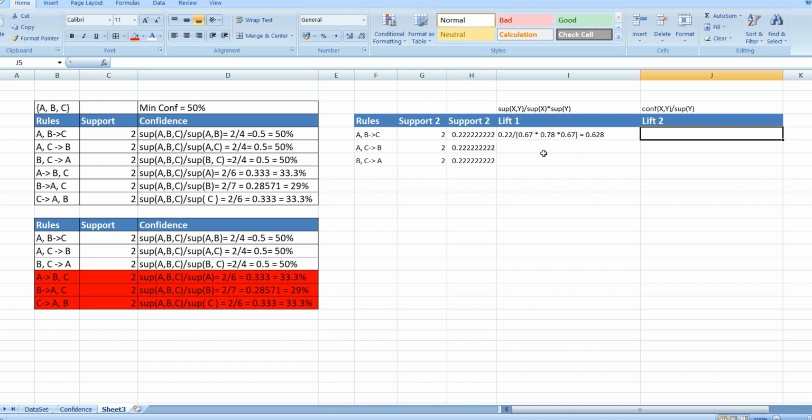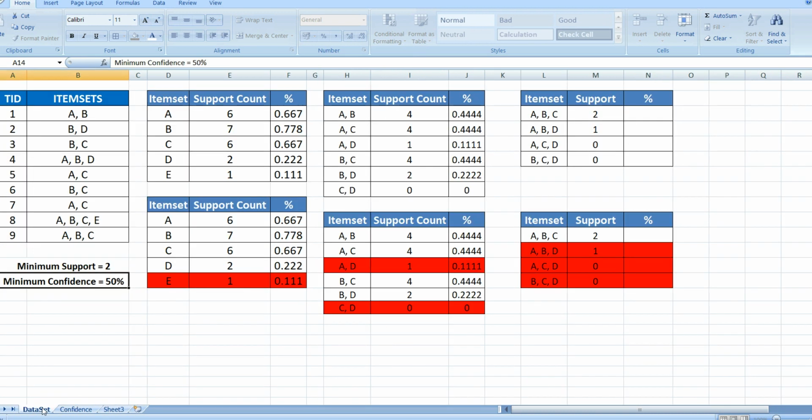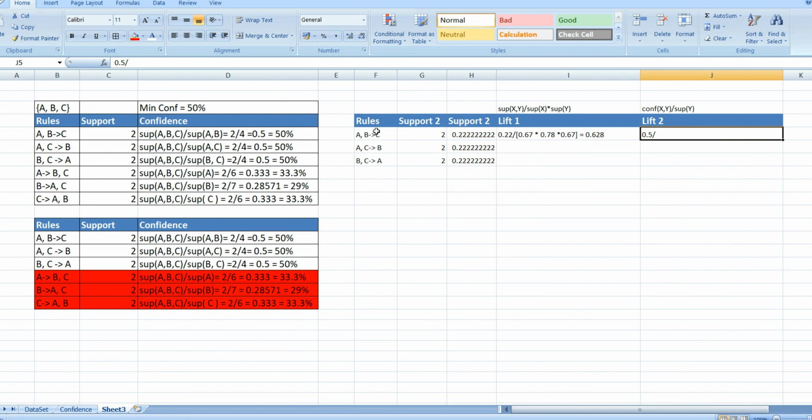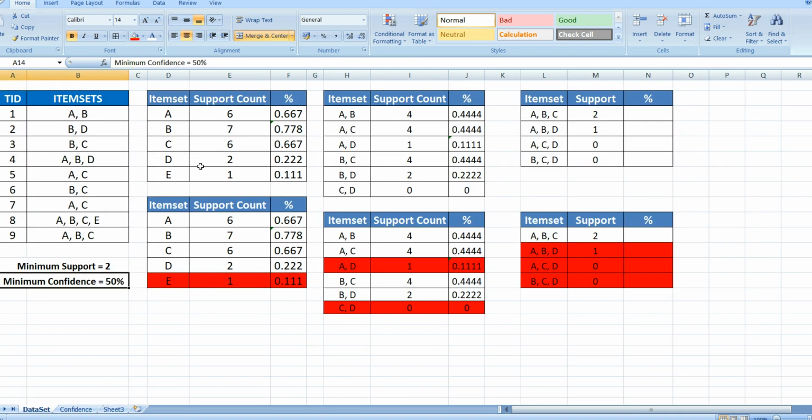So we are looking at the confidence of A, B, C, which happens to be this value that we have calculated, and it gives us 0.5 divided by the support of Y, which we then also go to get. In our case, the support of C becomes the consequent, which is the right side. So let's check for 0.67, which is this value.